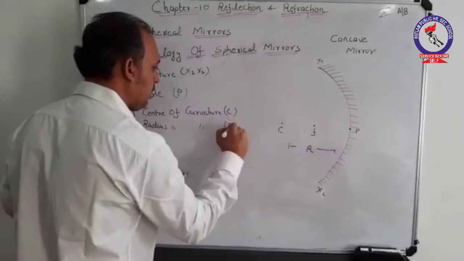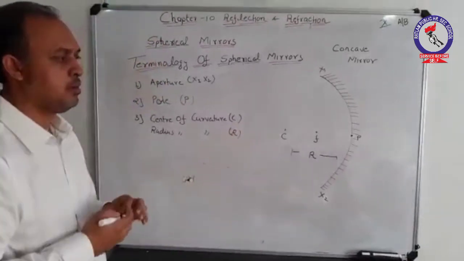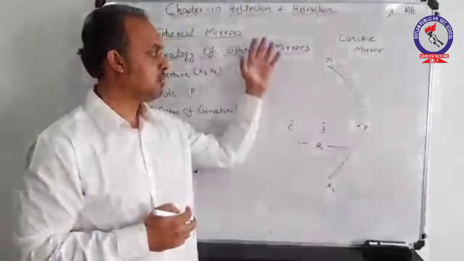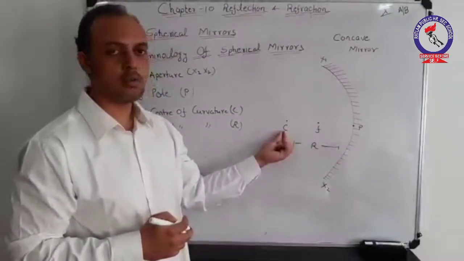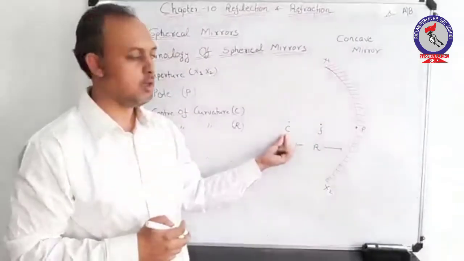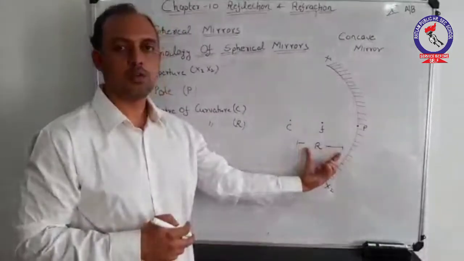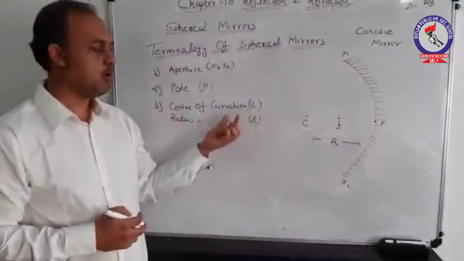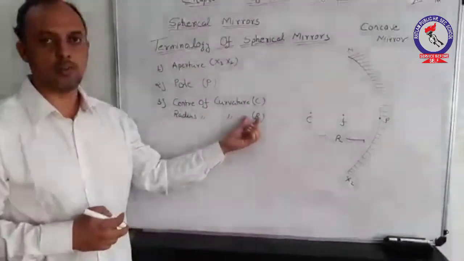We represent it by letter R. Since every spherical surface has a center, similarly this concave surface has a center known as C, which is equal to the radius of the spherical surface. So we can either call it center of curvature or radius of curvature.